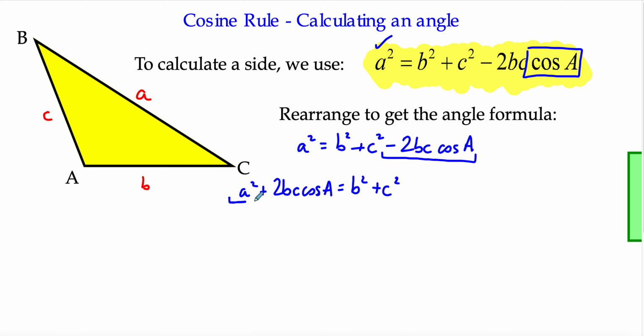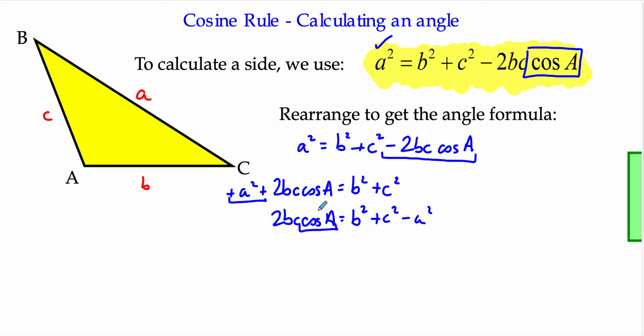We want to then get rid of that a squared, which is positive. So on the other side it will appear as 2bc cos A is equal to b squared plus c squared minus a squared. And then in the end we want to rearrange it in terms of A.